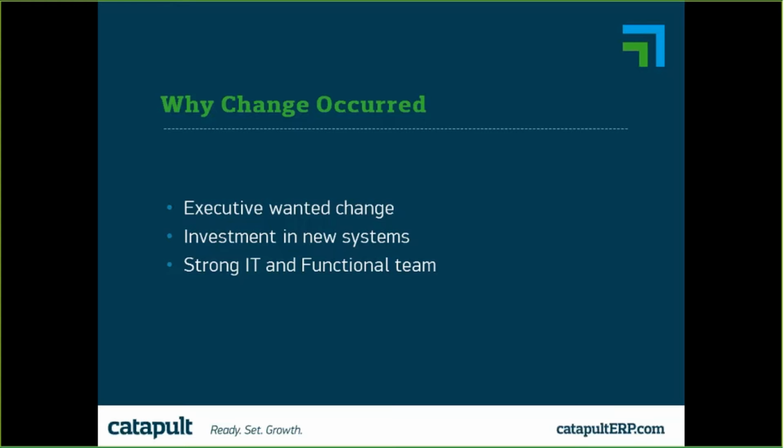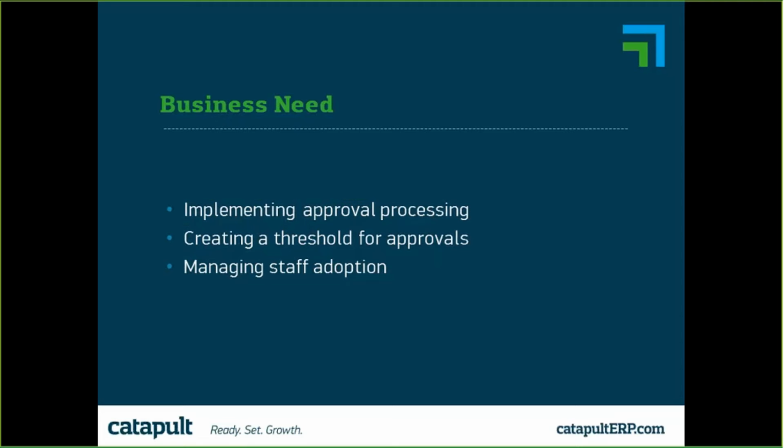And when you're implementing an approval process for the first time, it can be a little bit daunting because people are concerned that they're going to lose control. And one of the major items for Canyon was, if they're going to implement such an approval process, how are we going to be able to do our jobs efficiently?